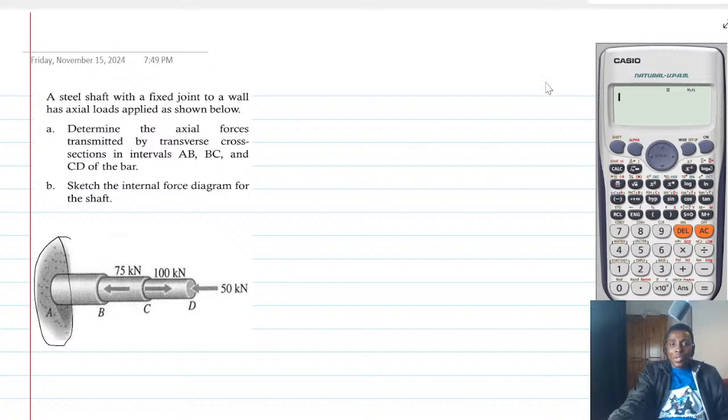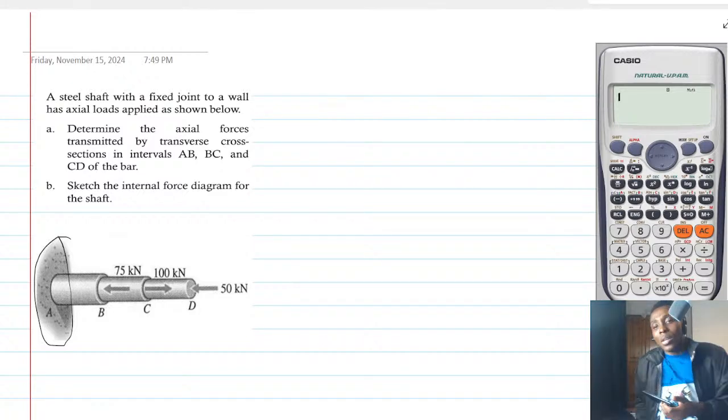That's all. So the difference between the first example and this example is that for this one we have got a support reaction.